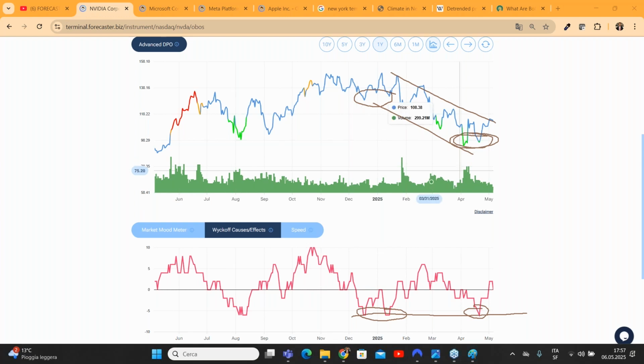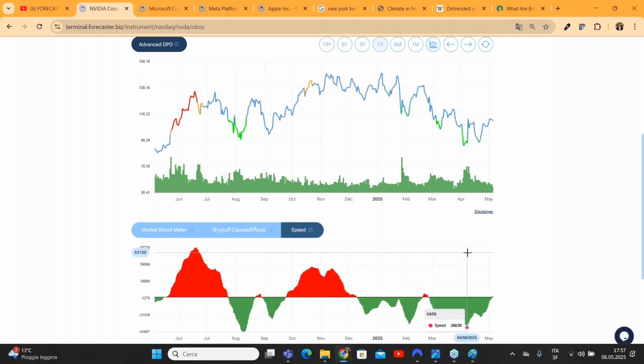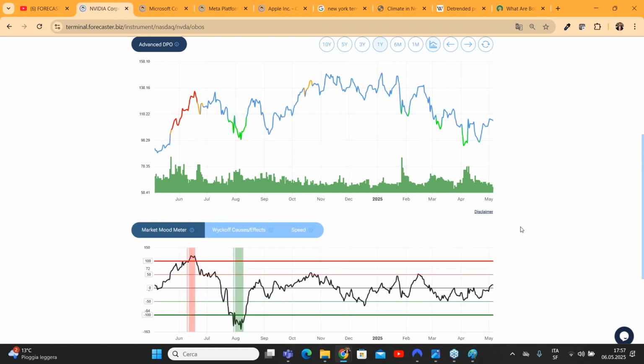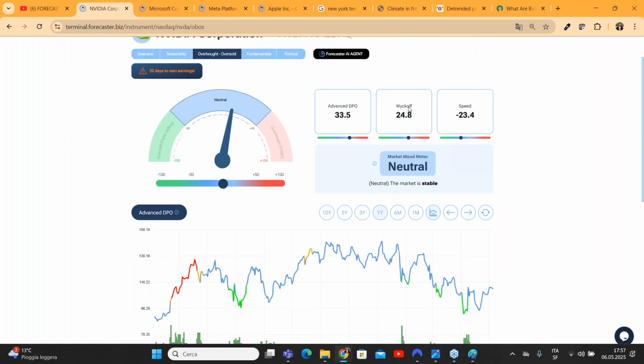But anyway, we understood it was a little bit difficult to analyze all these different indicators one by one. So we created the Market Mood Meter, which is, as you can see, an average of all the indicators. As you can see, you have advanced DPO, Wyckoff, and speed.